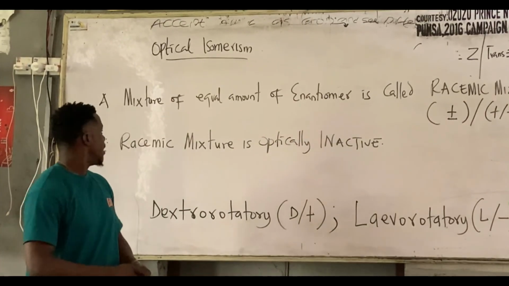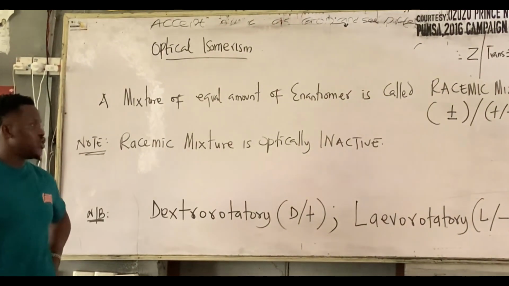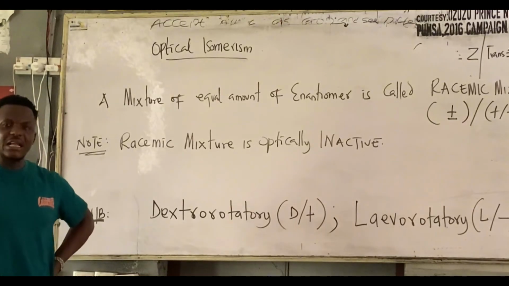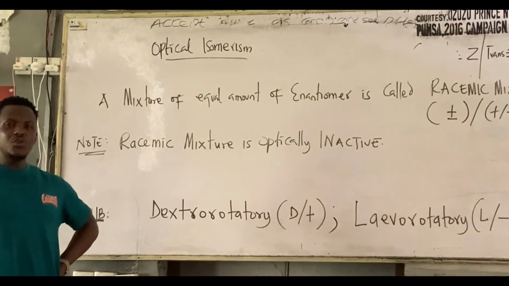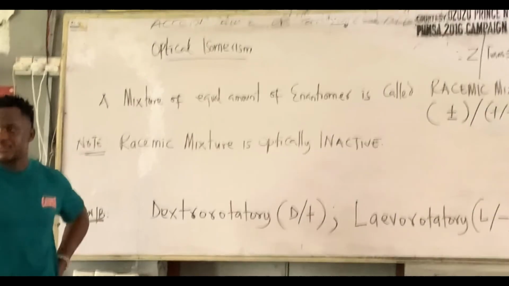I say a mixture of equal amounts or equal quantity of enantiomers is called a racemic mixture, and they are optically inactive. I will explain. If you don't have equal amounts, it's not a racemic mixture.